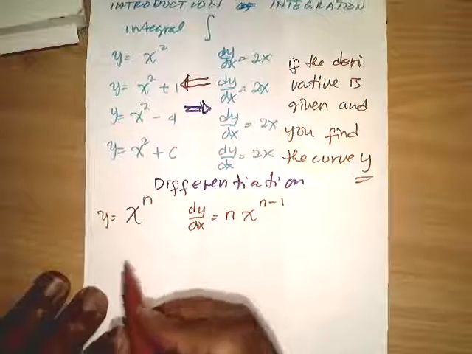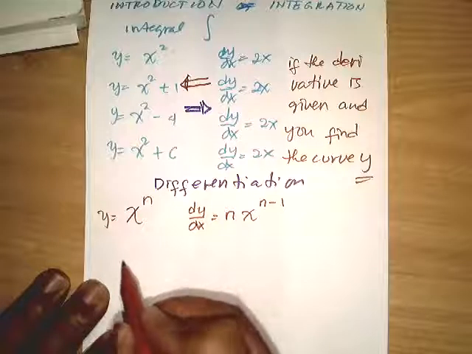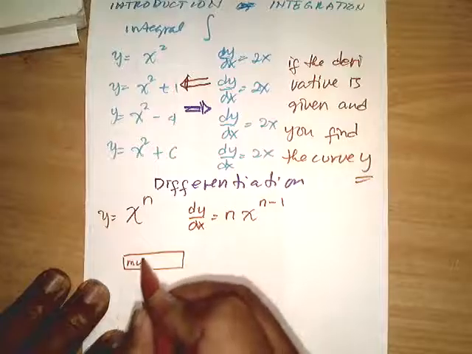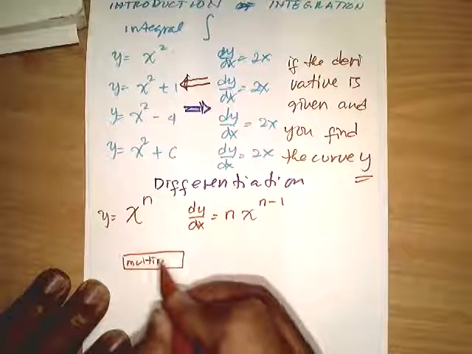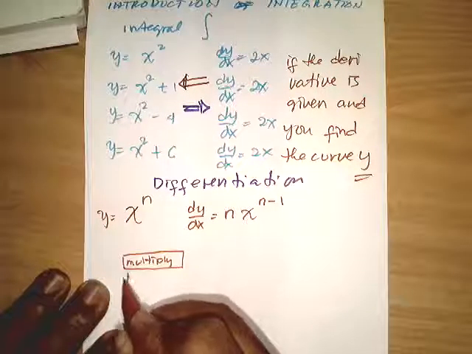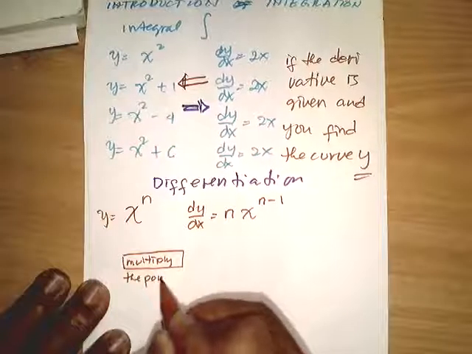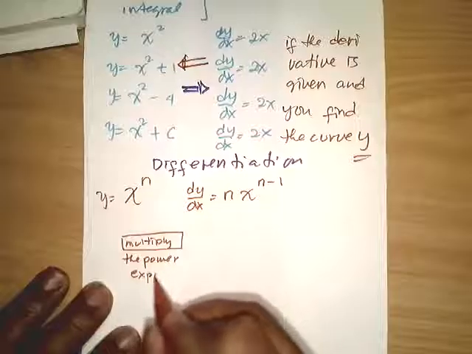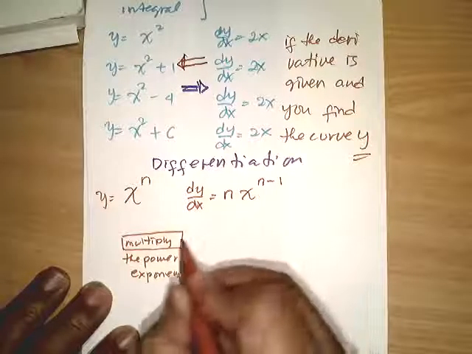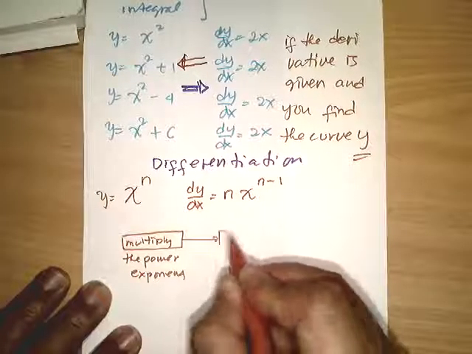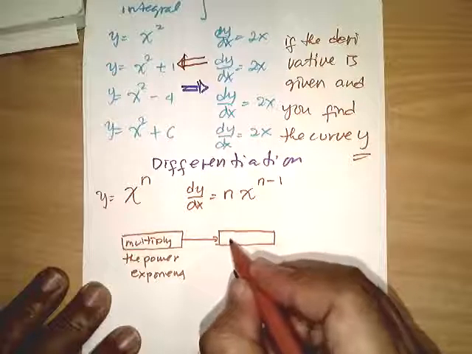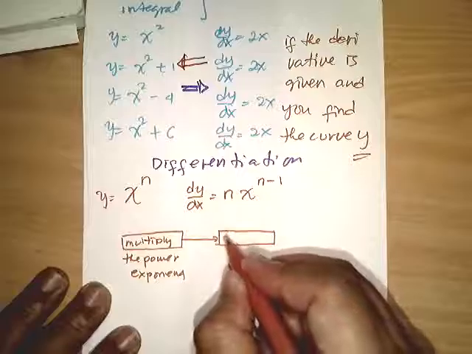So basically, what we did is we multiply by the power, or the exponent, and then the exponent minus 1.